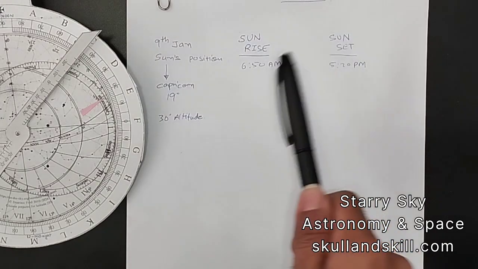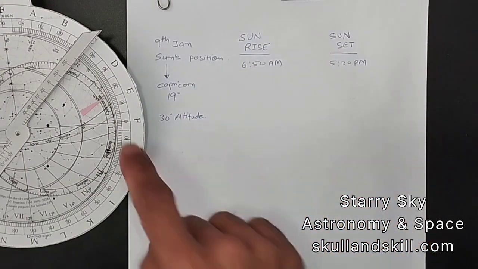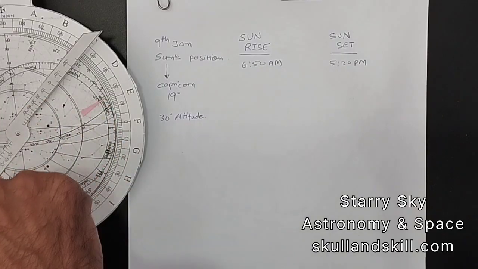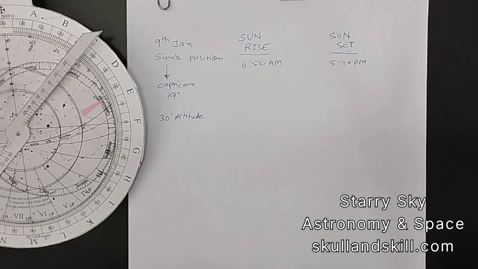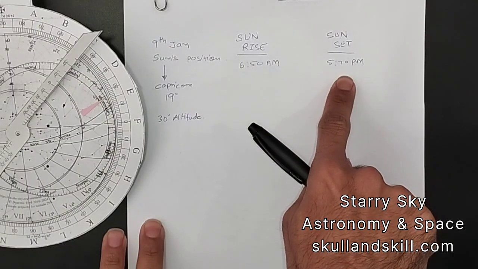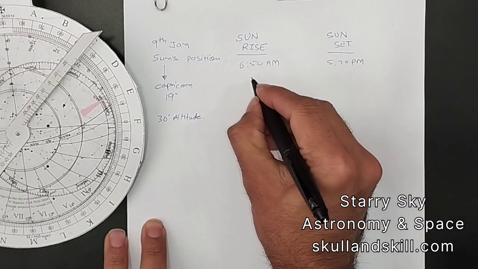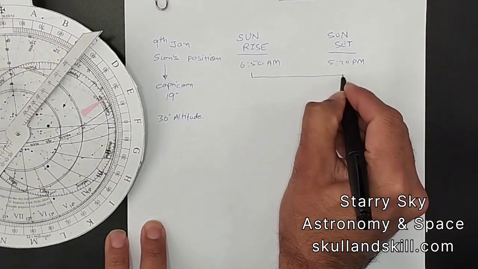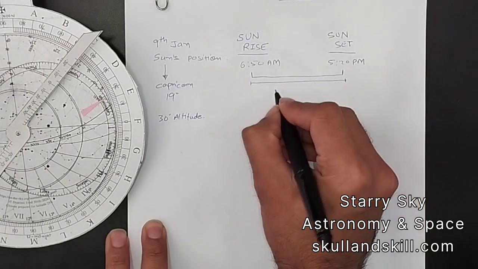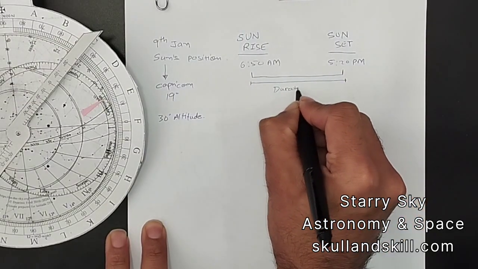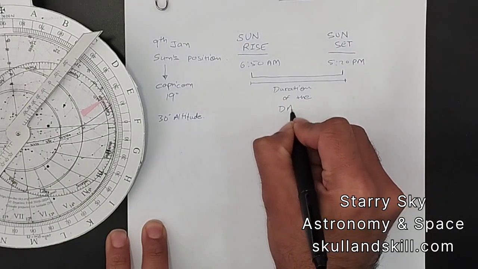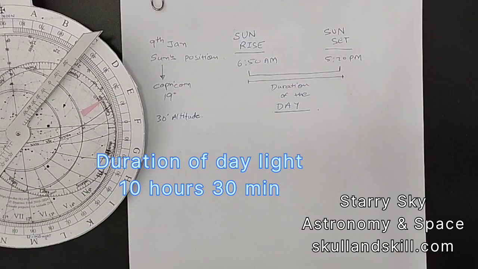We also found out sunrise time and sunset time by matching, again, the position of the sun in the zodiac with the east horizon and the west horizon, which came out to be sunrise at 6:50 a.m., sunset at 5:20 p.m. If you see the difference between these two times, how much time has passed between these two times, that is the duration of the day today.